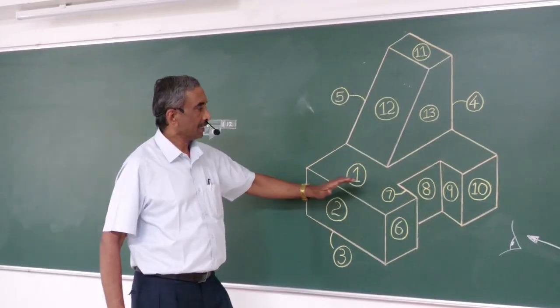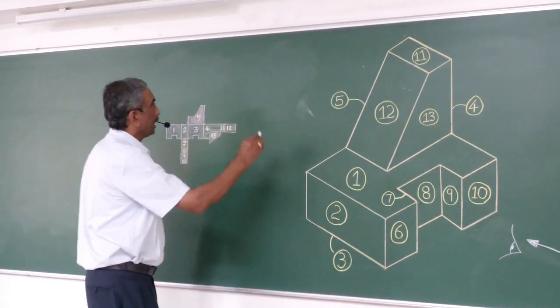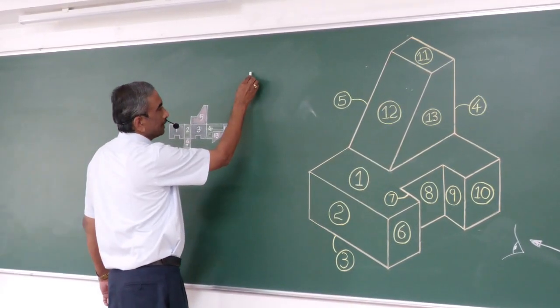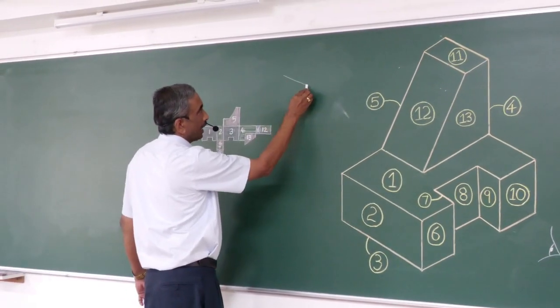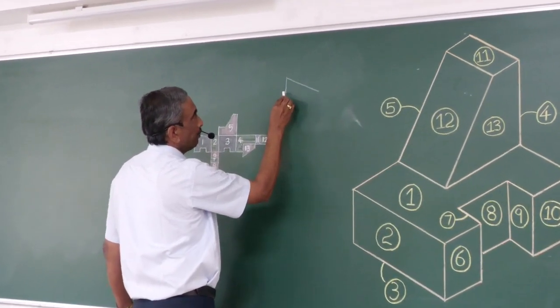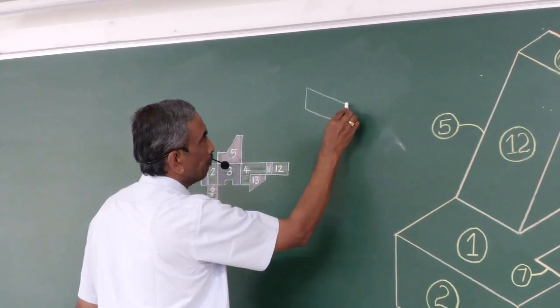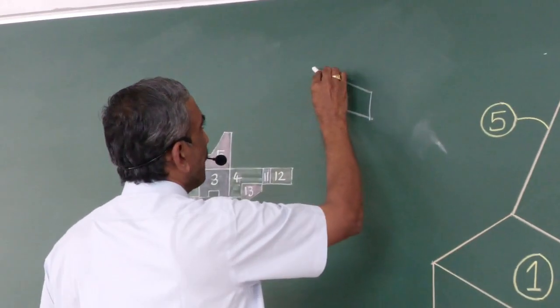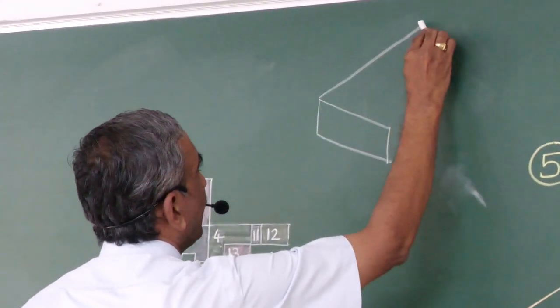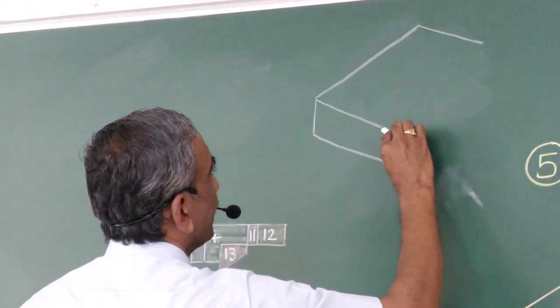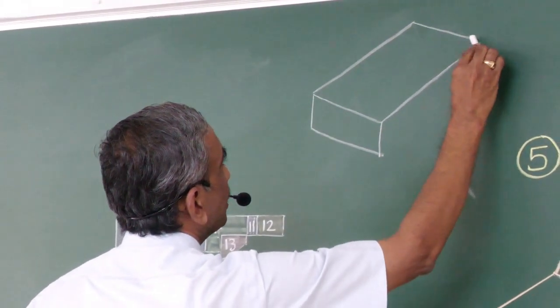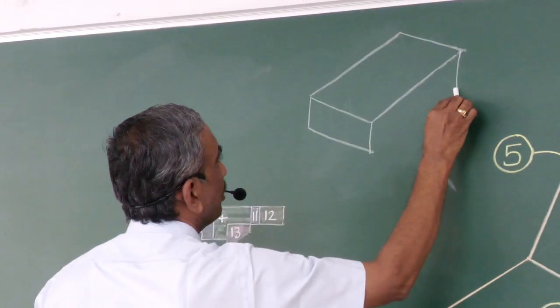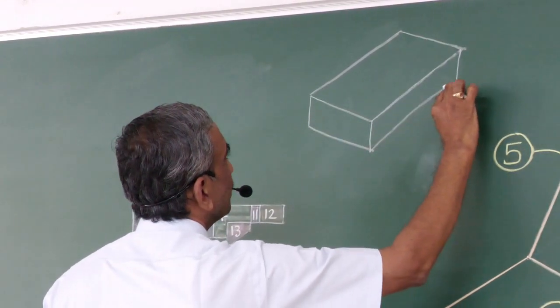So one is the bottom part. Let me draw this bottom part separately. As I am drawing, you also can make the drawing using pencil on a paper. And what I am drawing is a rectangular box, a normal rectangular box.